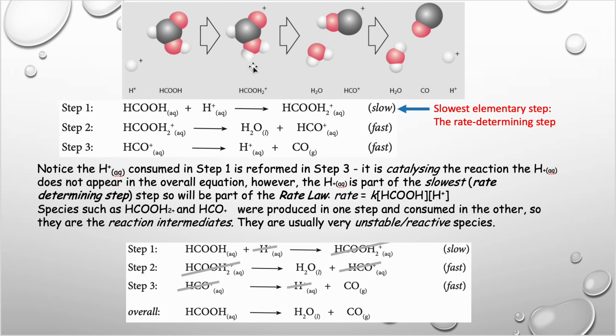And then because HCOOH2, as hydrogen just bonded itself with the lone pair, it has now become unstable. So it immediately breaks up into water and HCO. And again, because HCO is still unstable, it further breaks down into carbon monoxide, and the hydrogen is left alone the way it started.